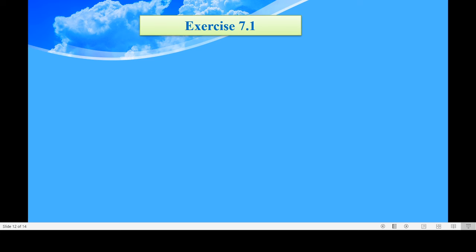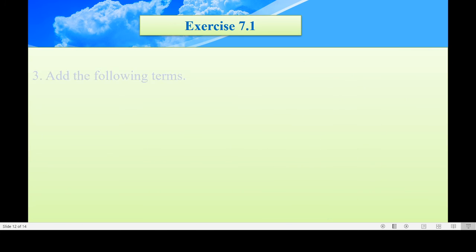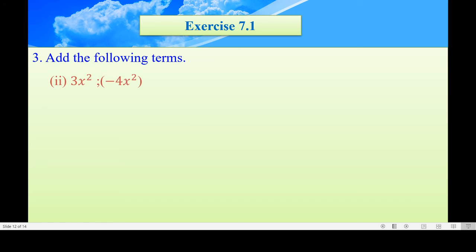Now, let us look into some exercise problems. Exercise number 7.1, and the question number is 3. Add the following terms. The second subdivision, we are going to add 3x square and minus 4x square. So 3x square plus minus 4x square.